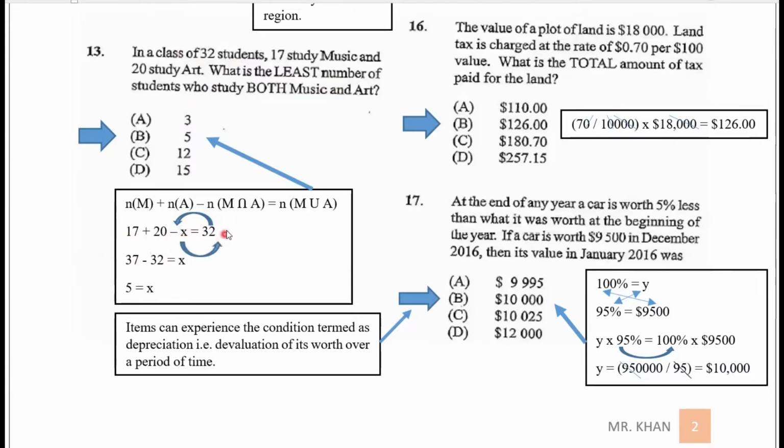Carry the minus X to the right side, it becomes positive X. Carry the 32 to your left side, it becomes minus 32. So 37 minus 32 will give you 5. So 5 students actually studied both music and art. Very interesting question, and for those who listen to this recording, something you definitely should make note of. So B is the answer.